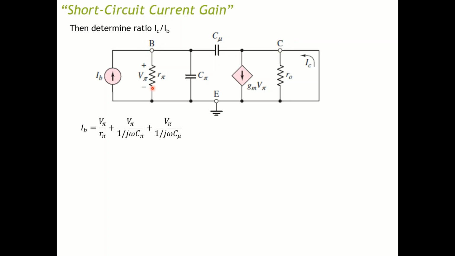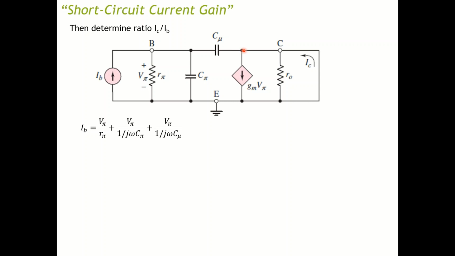After applying that, you have the current IB coming into this node equal to the sum of the other currents that come to this node B. What are the other currents we have? We have the current going through this resistance here, so V pi over R pi.